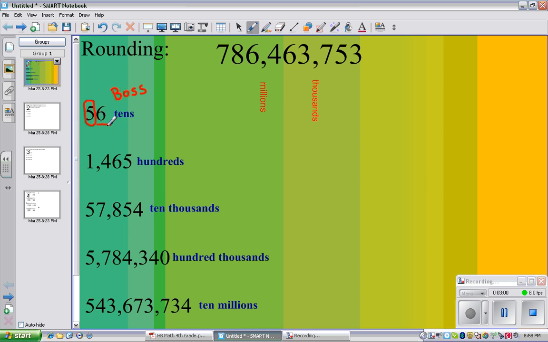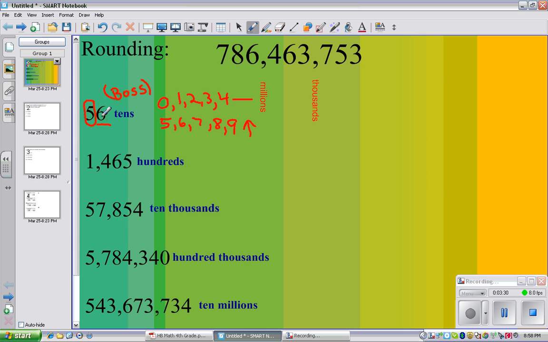If the number we underline, or the boss, is a 0, a 1, a 2, a 3, or a 4, our circle number will stay the same. If our boss or underline number is a 5, a 6, a 7, an 8, or a 9, our circle number will round up.